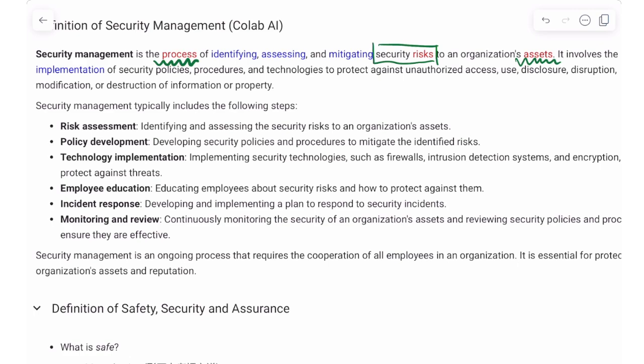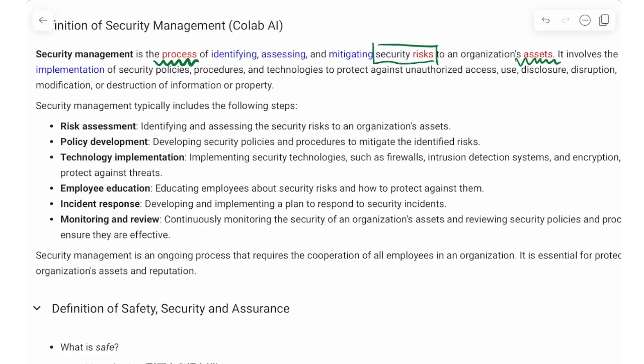Once those rules are violated, you have to do some incident response: send an email, shut down the database, or block all network traffic, something like that. You cannot just let a security incident happen and do nothing. So you need some incident response plan.